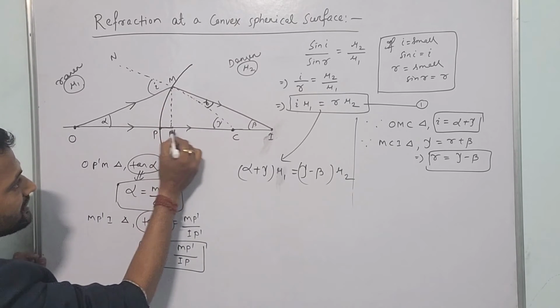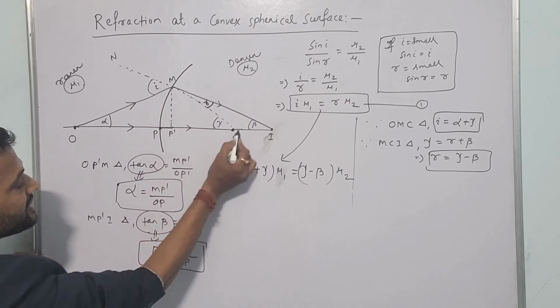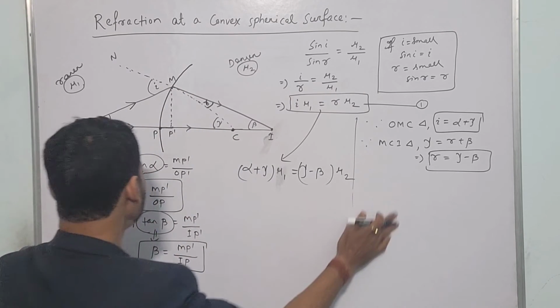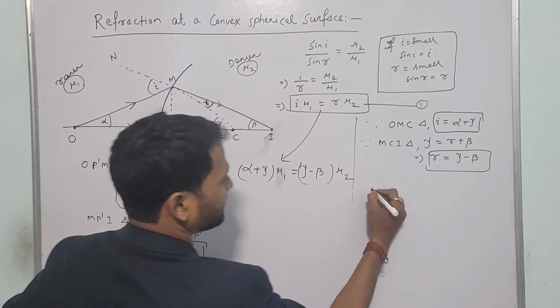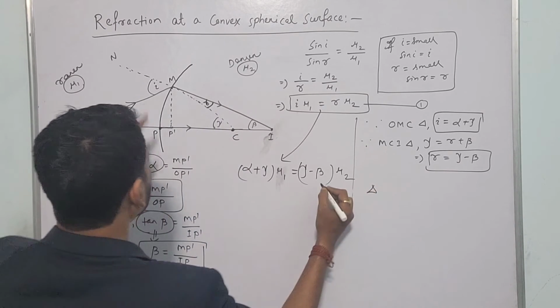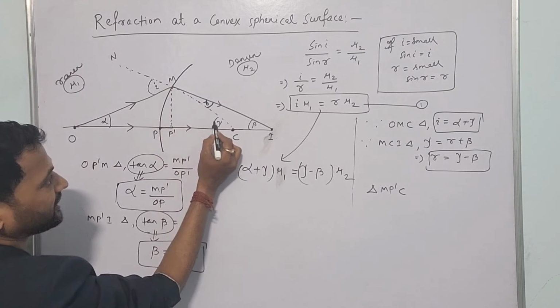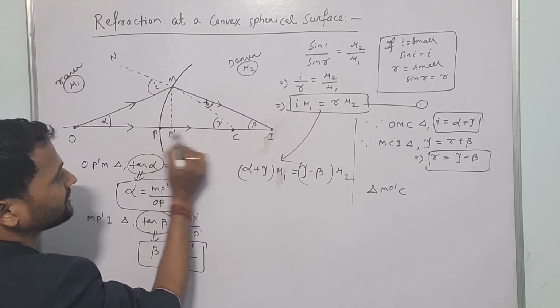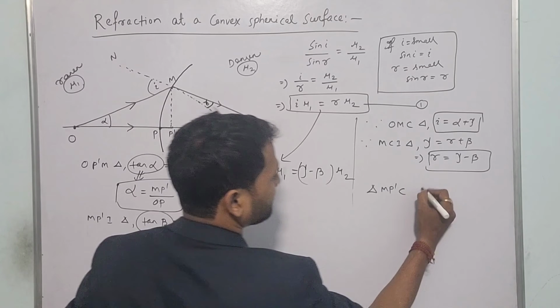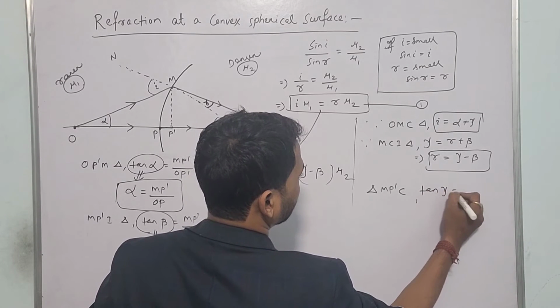Next, gamma. If I consider this triangle MP dash C, so what will tan gamma be?